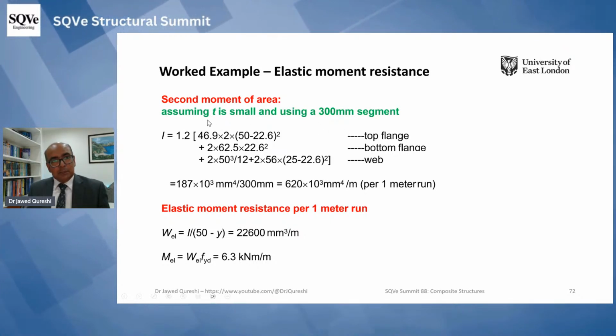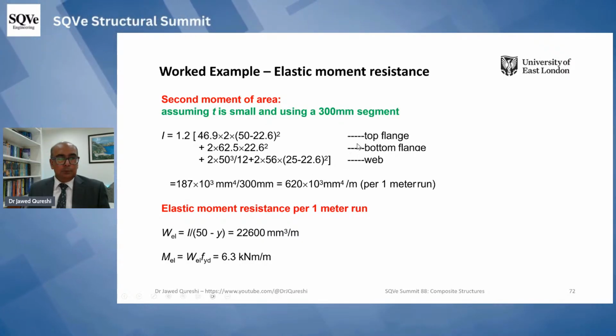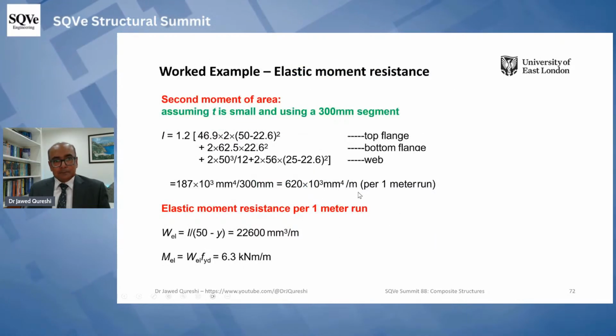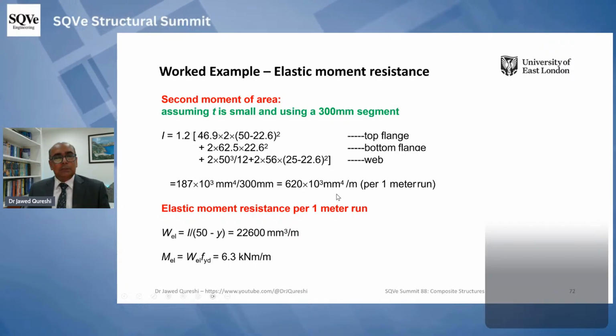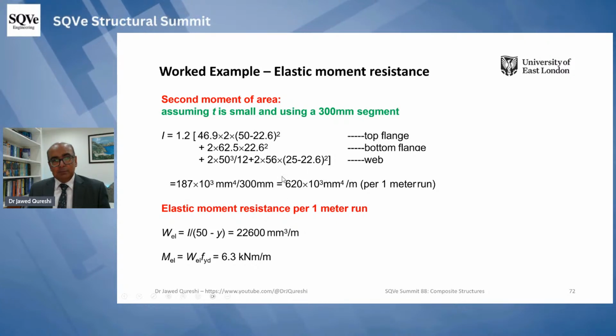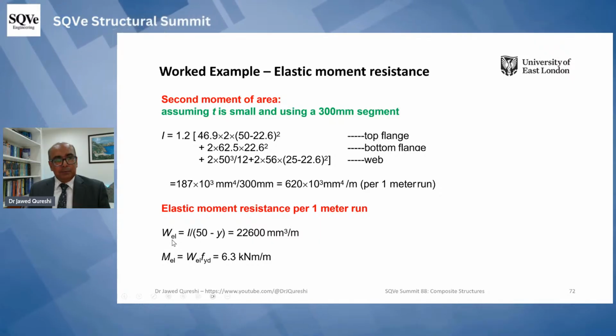t is too small, and I think we ignore t, and then after that we work out the contribution from the top flange, bottom flange, and web, and then we have this value, and we divide it by the 300 millimeter width, which was 300 over here, and from here we work out moment of inertia per meter run. So that's what you will find in many manufacturers' data as well. Many manufacturers will give you this value, and from here we work out W, the elastic section modulus.